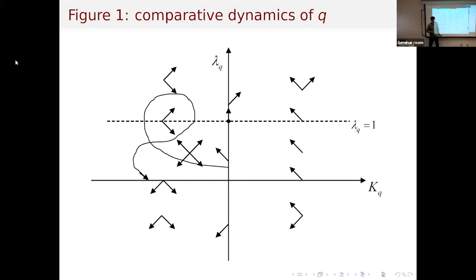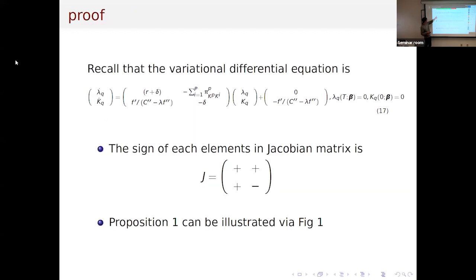The rest of the arrows can be determined similarly. And at this point, basically the system can go anywhere. We cannot pin down the sign of lambda Q dot and KQ dot.